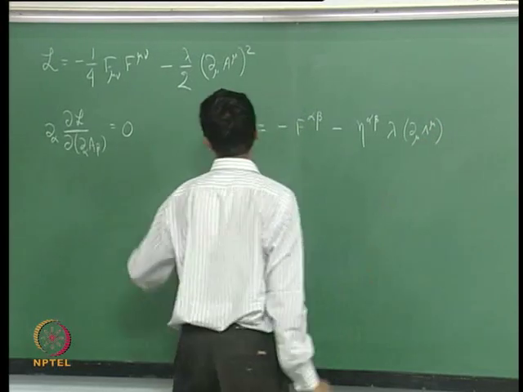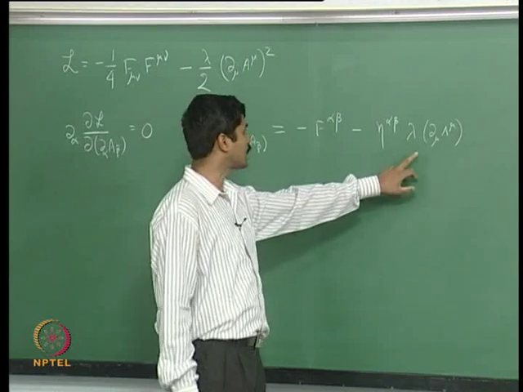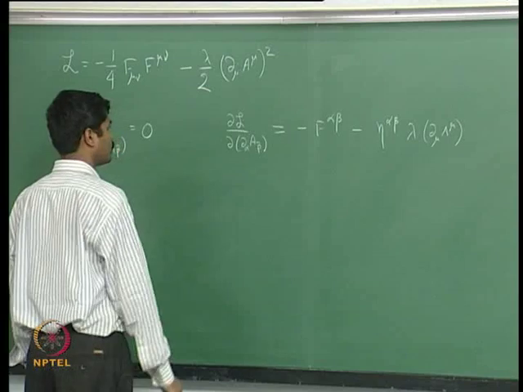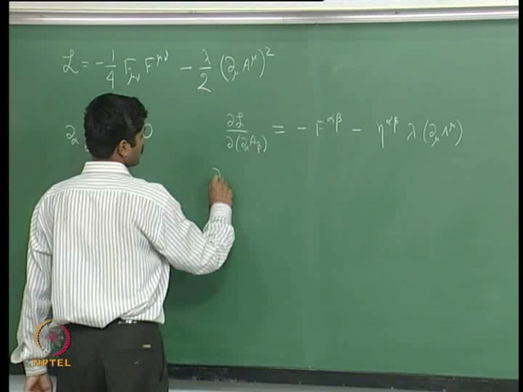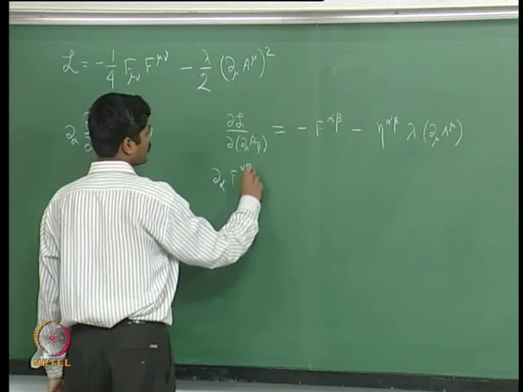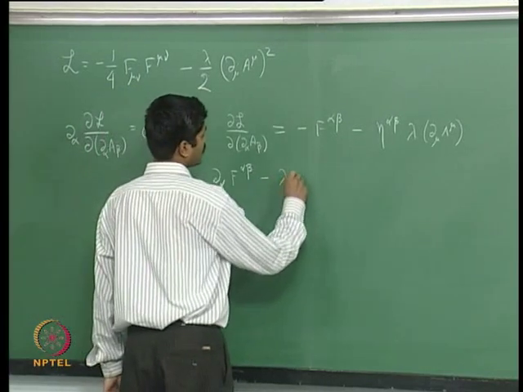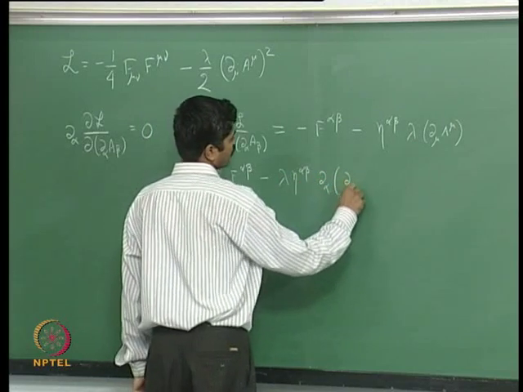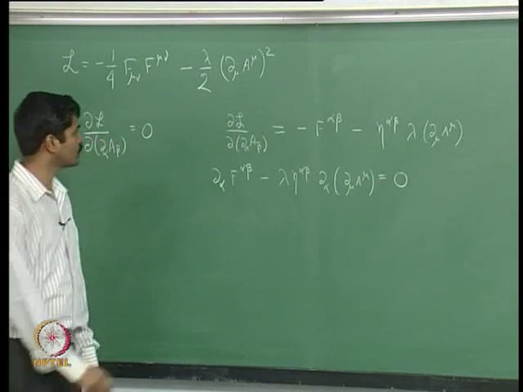Now, you know why I have chosen this factor 2 here, because I wanted this to cancel here. That is the reason I am choosing 2. So, the equation of motion is just del alpha of F alpha beta plus lambda eta alpha beta del alpha of del mu A mu equal to 0.